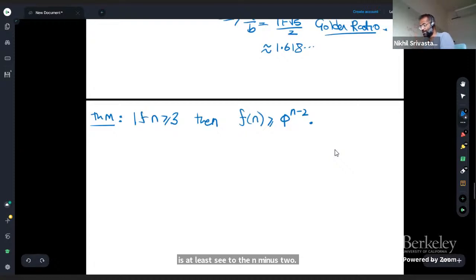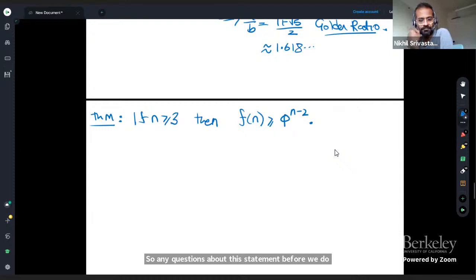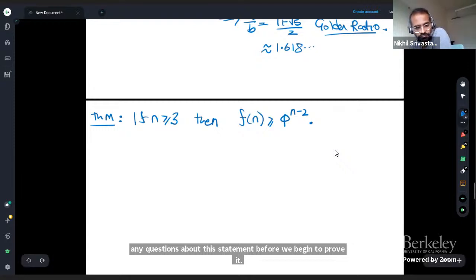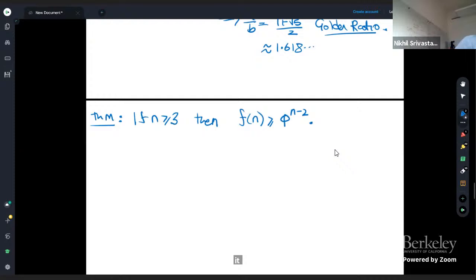Okay. So any questions about this statement before we begin to prove it? Let me just double check that n starts at 3 and not at 2. I don't want to mess this up.